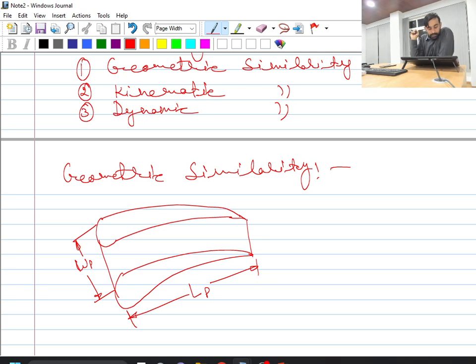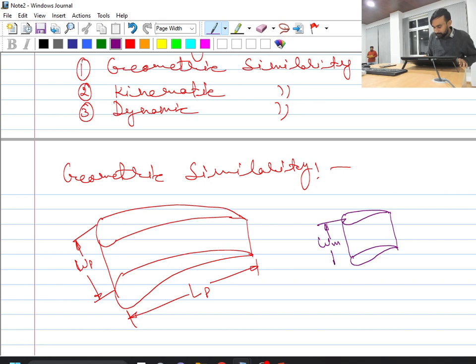So geometric similarity means that I can say this is geometrically similar to a model only if all the dimensions are scaled by the same parameter. Okay, so if I draw, corresponding to this large scale prototype, a small model of the aerofoil over here, say this small WM is the width of the model and LM is the length of the model.